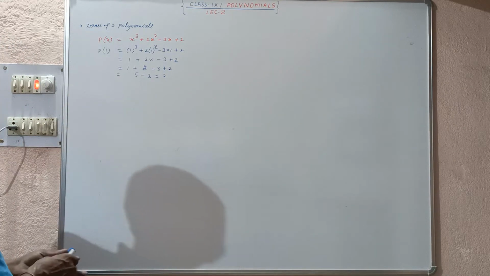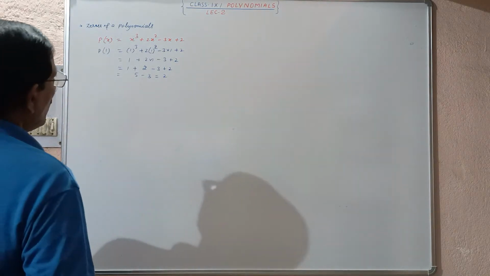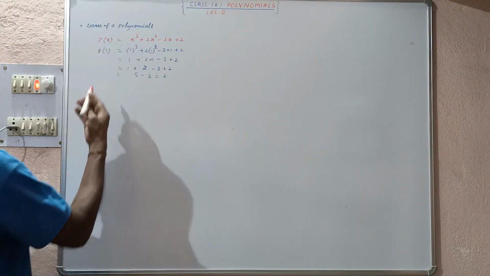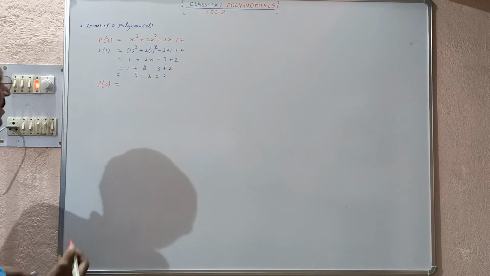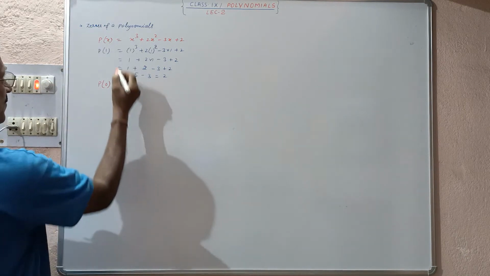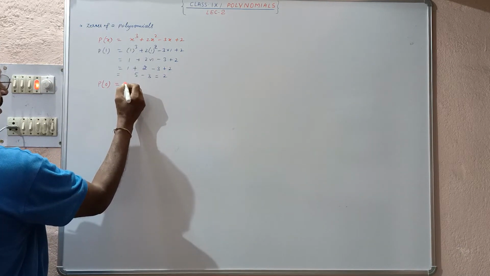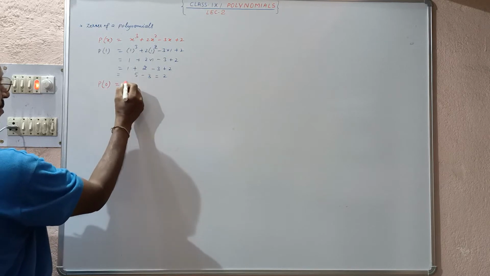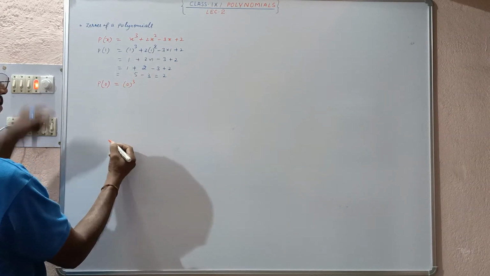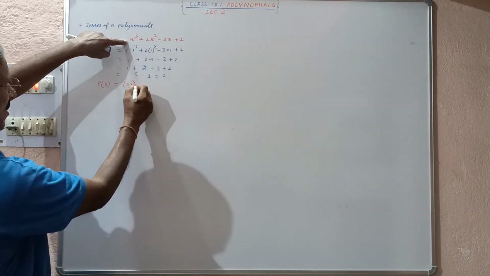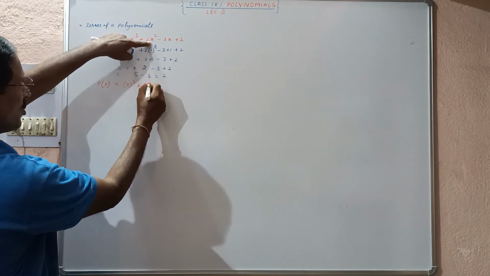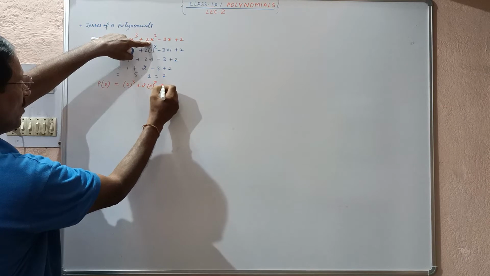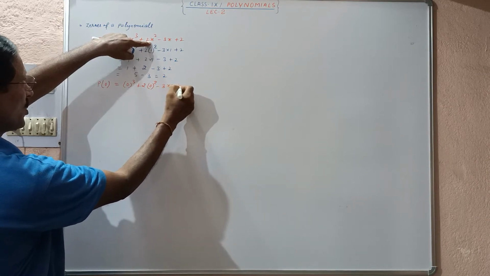Now I want to find p(0). What will be the value of p(0) in this? Replace x by 0, that is 0 cube plus 2 into 0 square minus 3 into 0 plus 2.